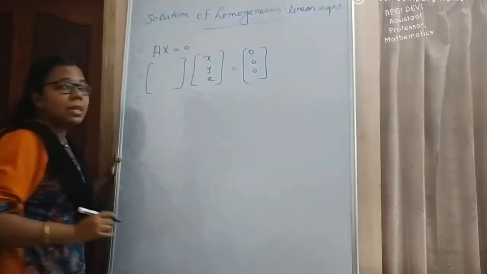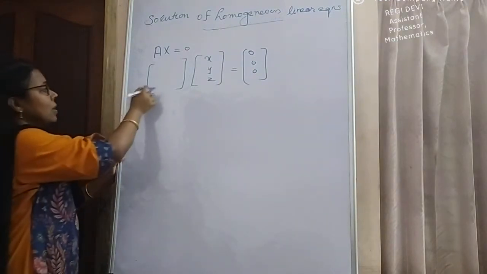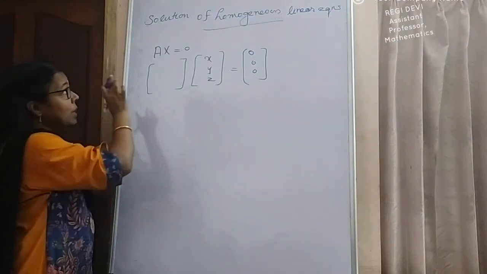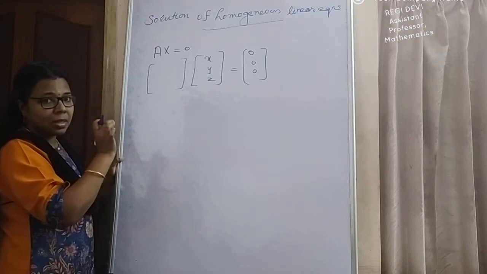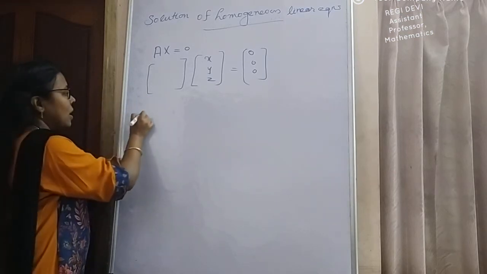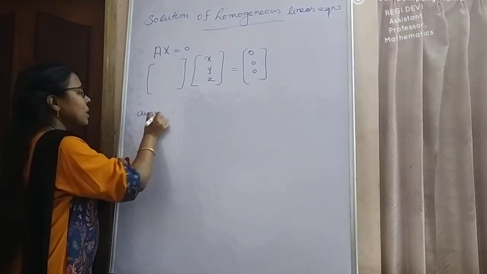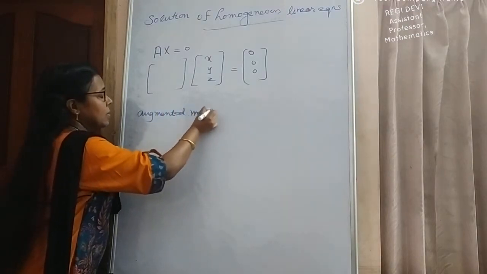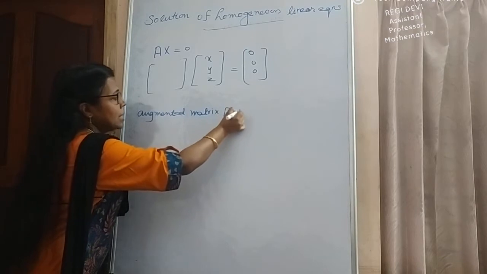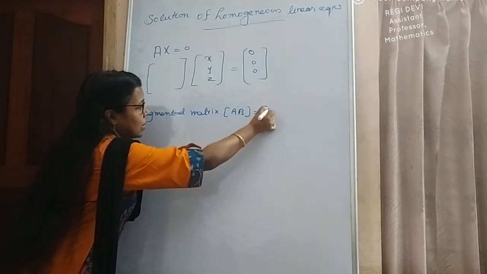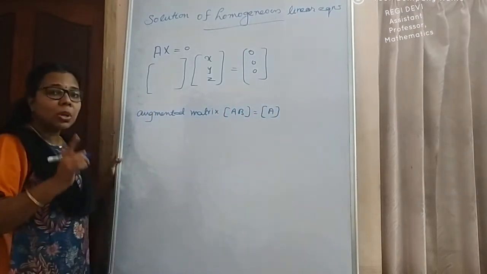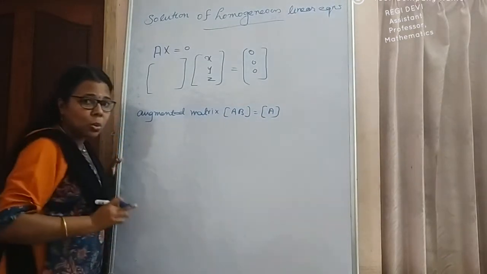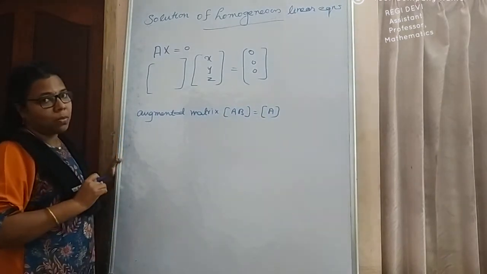Ax equal to 0 is like this. Here the augmented matrix AB is the matrix A itself. We have to reduce this matrix A into row reduced echelon form.